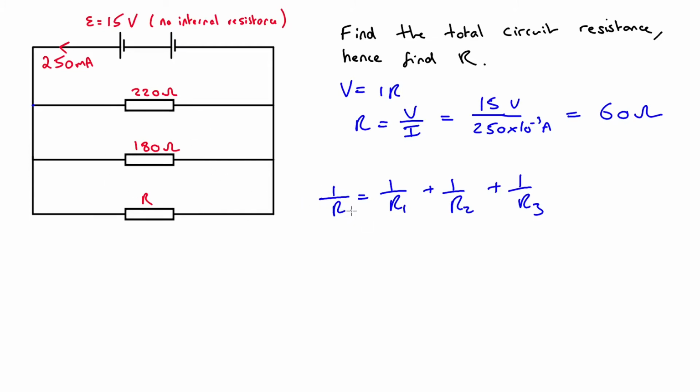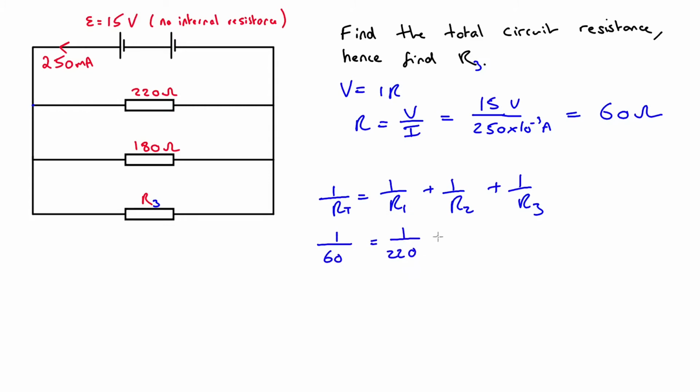So let's call that total resistance of the parallel network RT, and then the third resistor in the parallel network, we're calling R3. So to find R3, we've already found that the total resistance of this circuit, and therefore the total resistance of the parallel network, is 60 ohms.